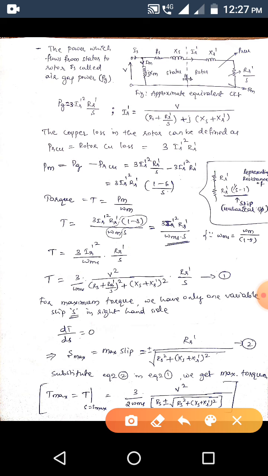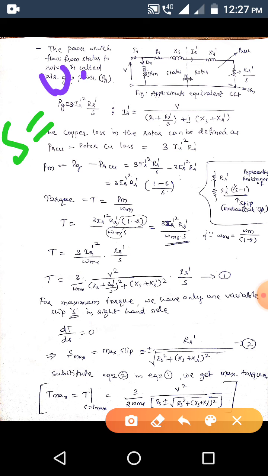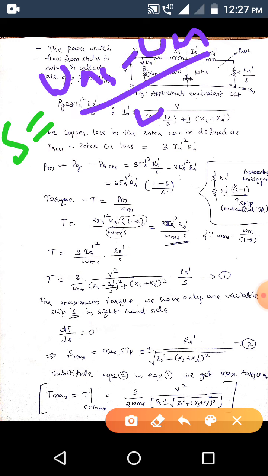So by this formula, because we know that S is equal to (omega ms minus omega m) divided by omega ms, right?